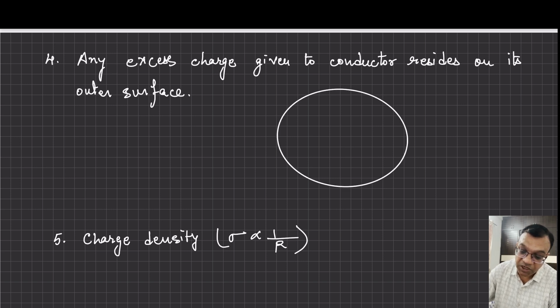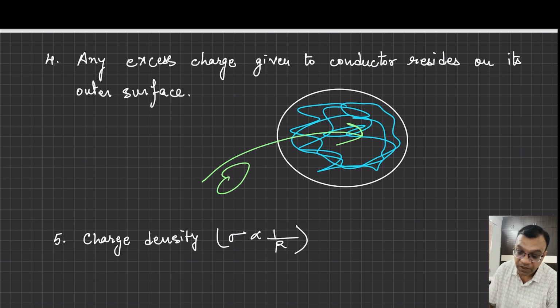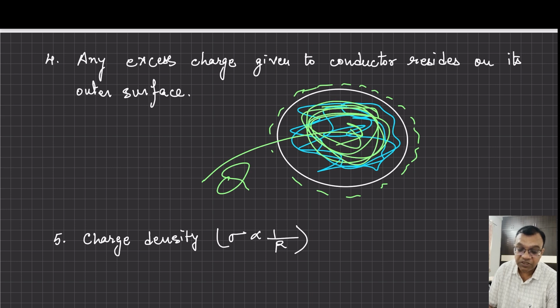Any excess charge given to a conductor resides only on its outer surface. If you have any solid or hollow conductor and you give some charge Q to it, this charge will reside only on the outer surface. It cannot be inside or in the bulk.